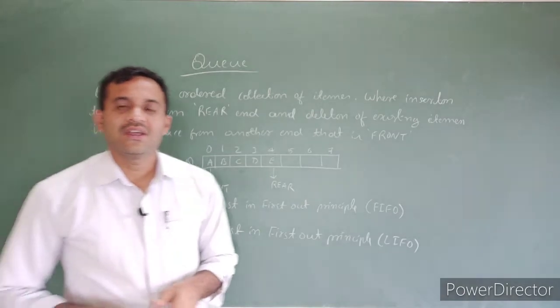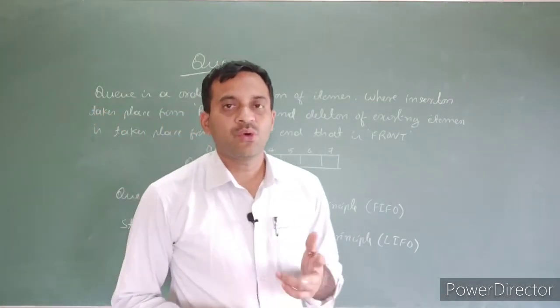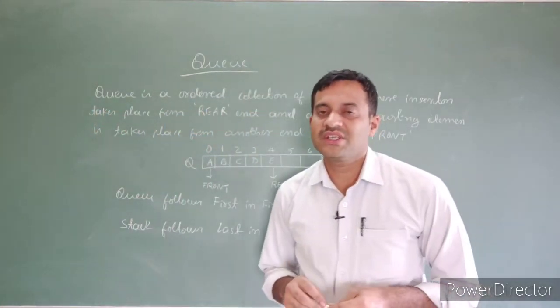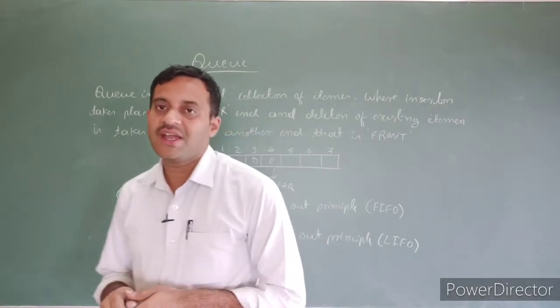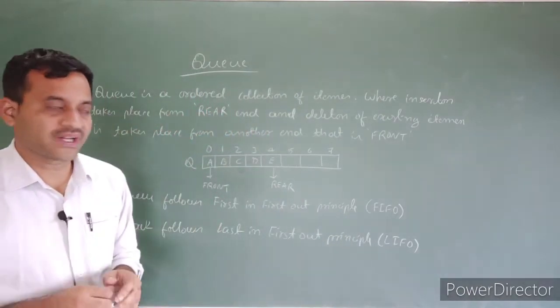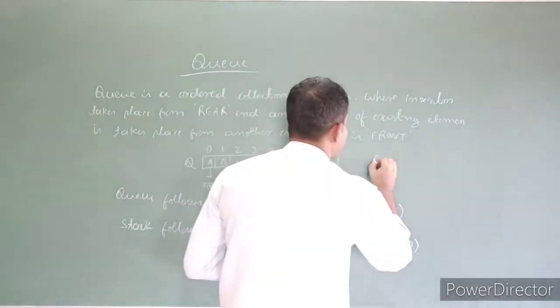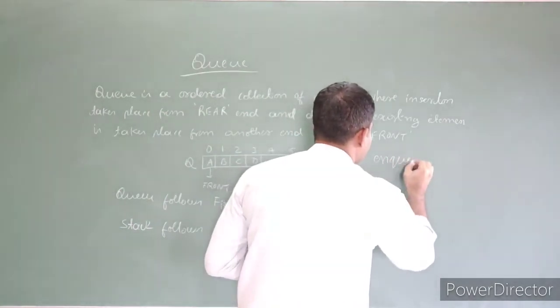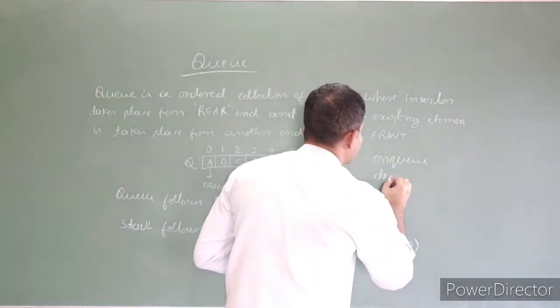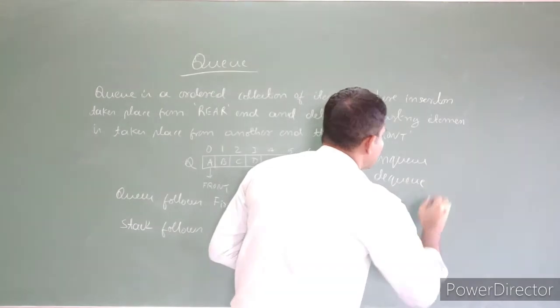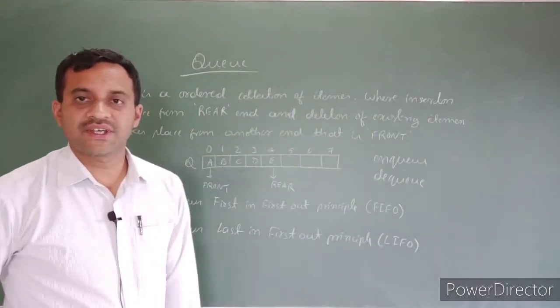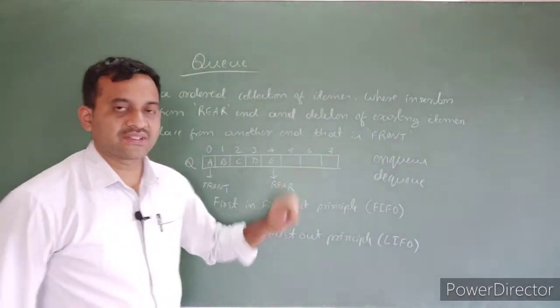So generally over a queue we perform two operations. The first one is NQ operation and the second one is DQ operation. NQ and DQ, these are the commonly used operations.